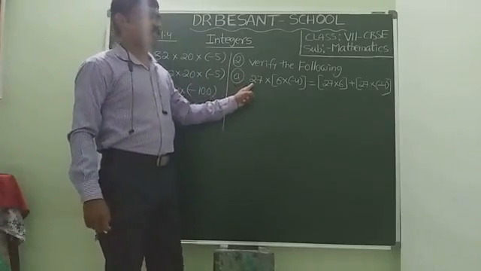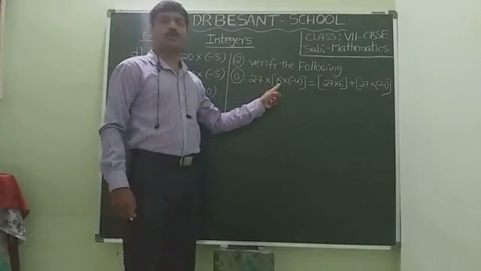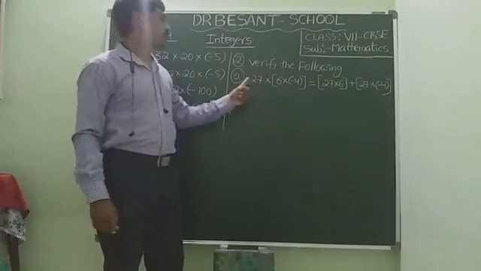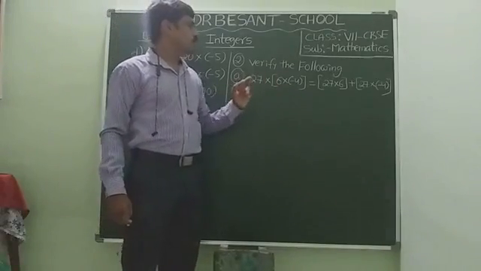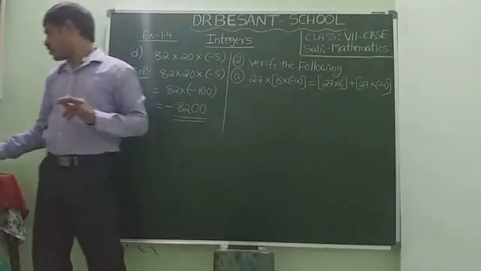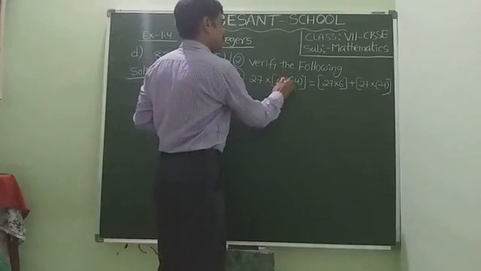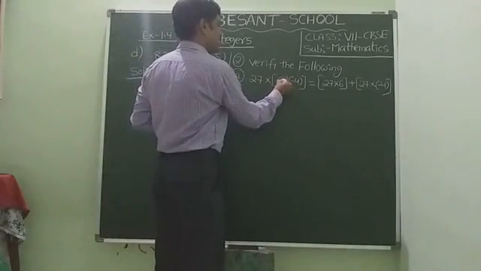Suppose 27 is equal to A, 6 is equal to B, minus 4 is equal to C. Now you can compare with A into B plus C. In the question this is plus only.